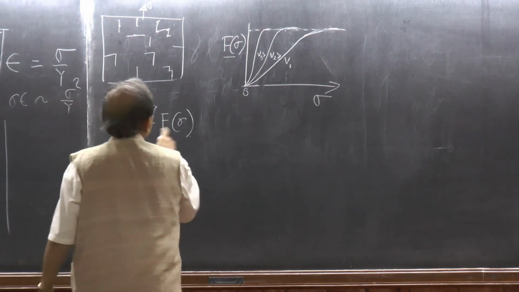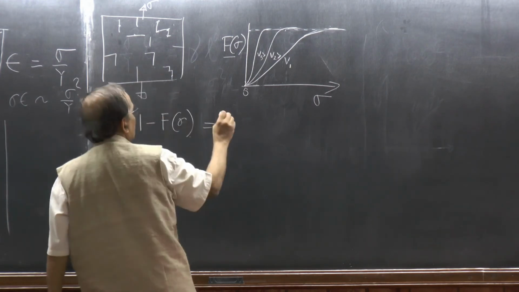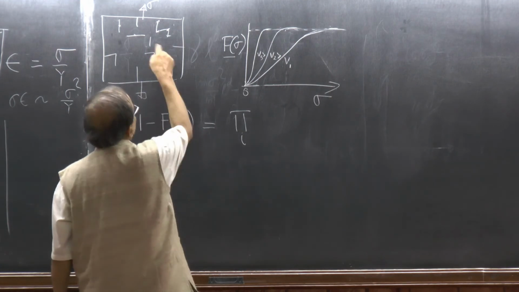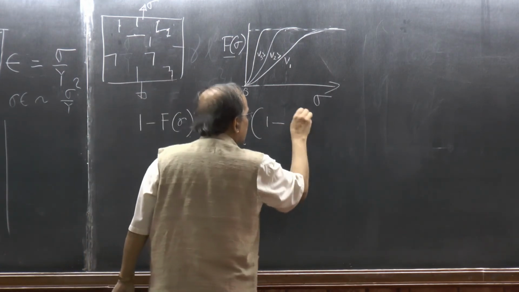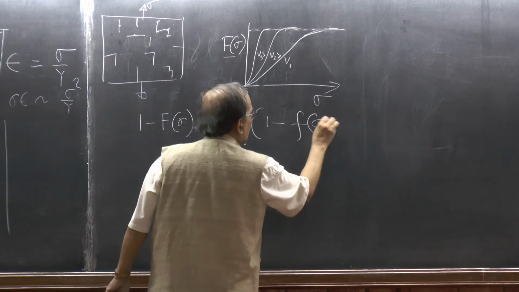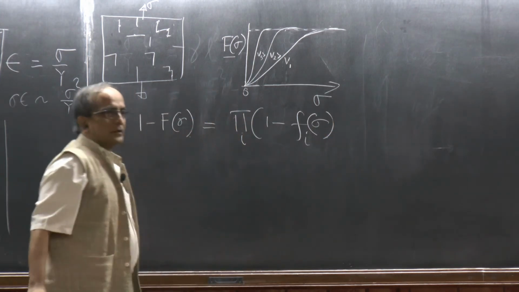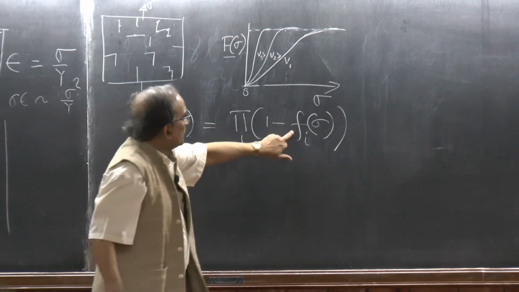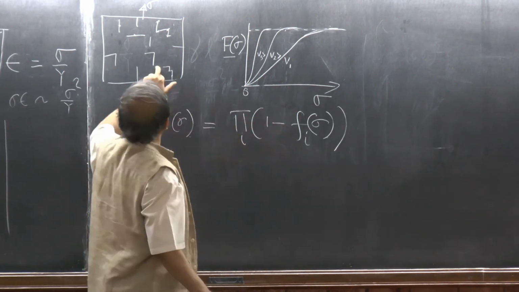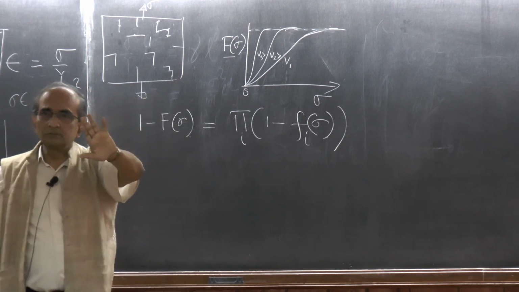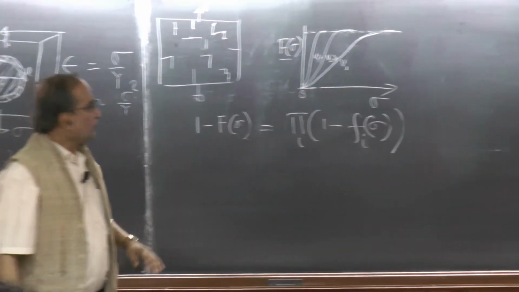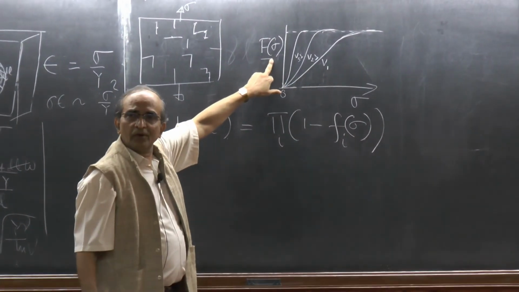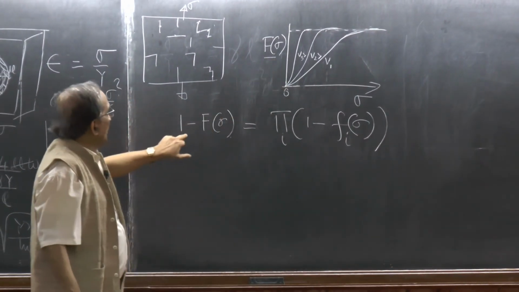So if I assume that they are independent, and this is all the defects, each of them must survive at that force. This is the breaking probability of each of these. I do not know. I have to find out. But this total F, in order to find that F, I will have to do this.